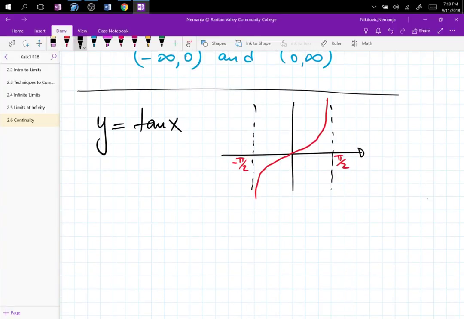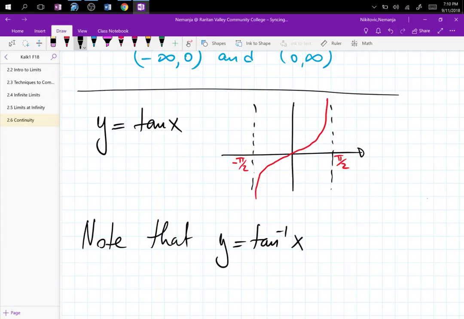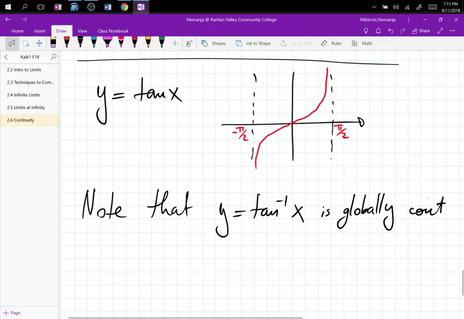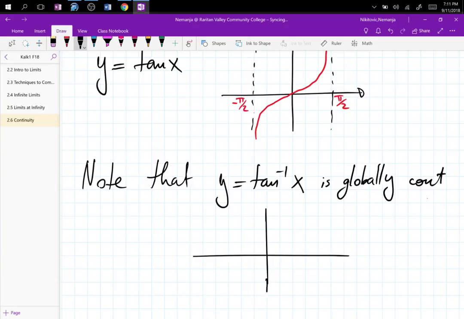Let me just put this in just in case. Note that y equals tangent inverse of x is globally continuous because it looks like this.